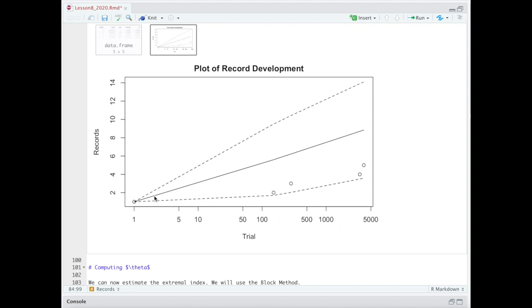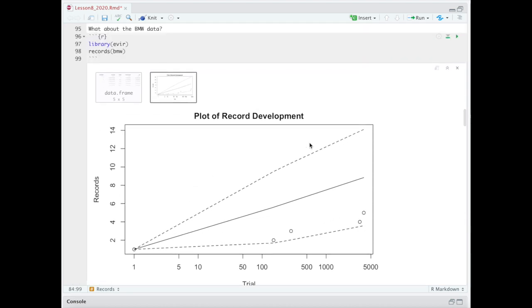You have a line that represents the theoretical behavior of the records in an i.i.d. sequence, an i.i.d. collection. The first observation, by definition, is a record, and then you have the confidence intervals that here are at the 95% level.